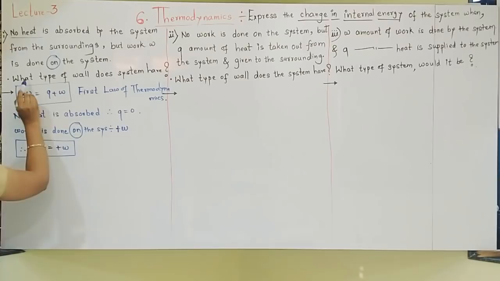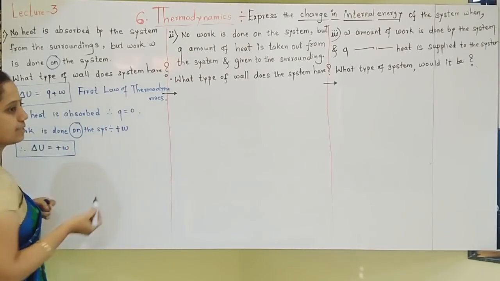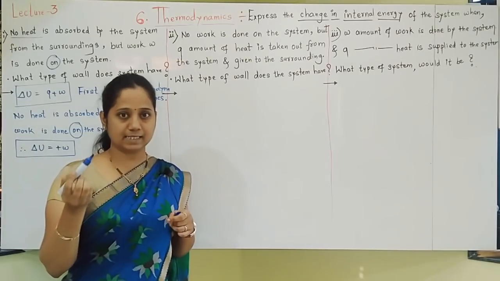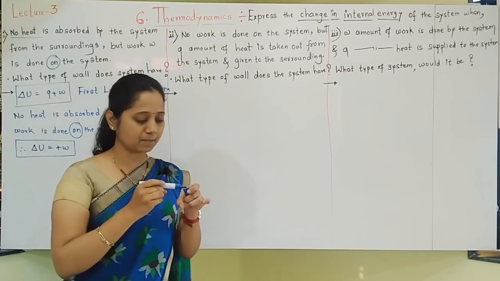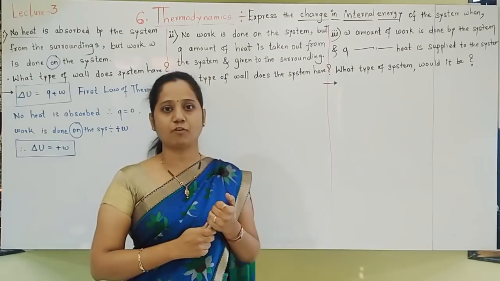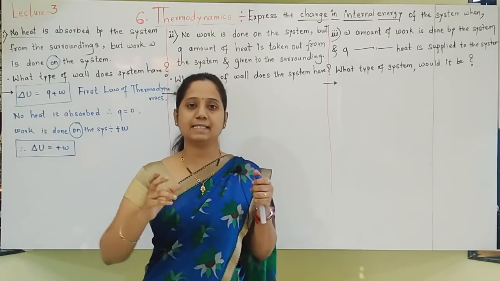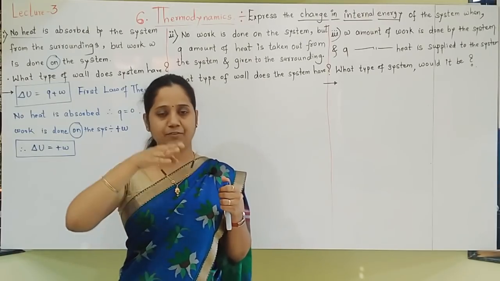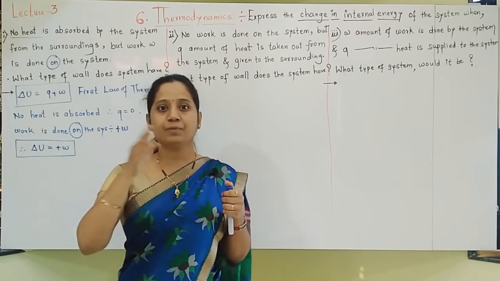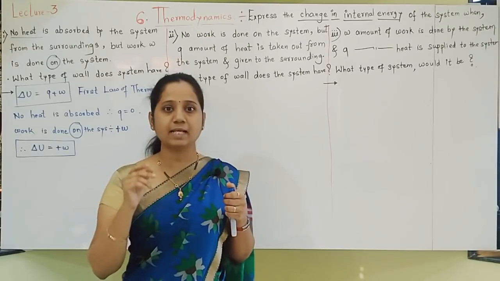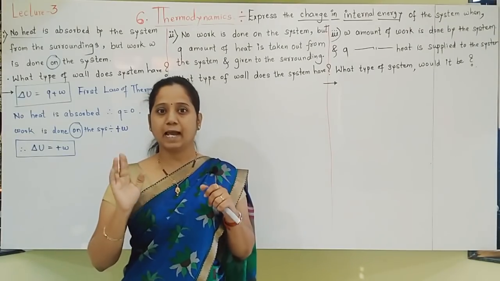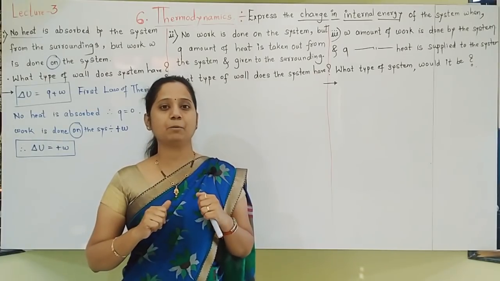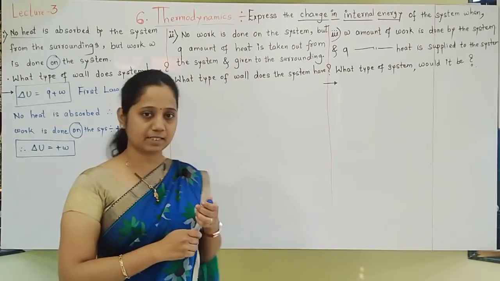Next, what is the attached question? What type of wall does the system have? I have told you there will be two types of walls. Yesterday, at the last part of the video, we discussed them. If metal is there, thermally conducting walls will be there. If heat is going inside and heat is going outside also, then that type of walls are called thermally conducting walls. And if no heat is absorbed, no heat is given out also, then that type of walls are called adiabatic walls.